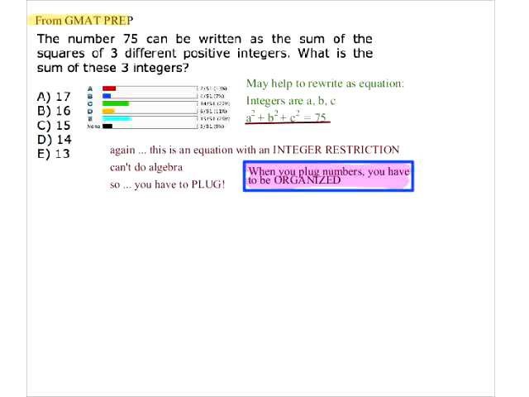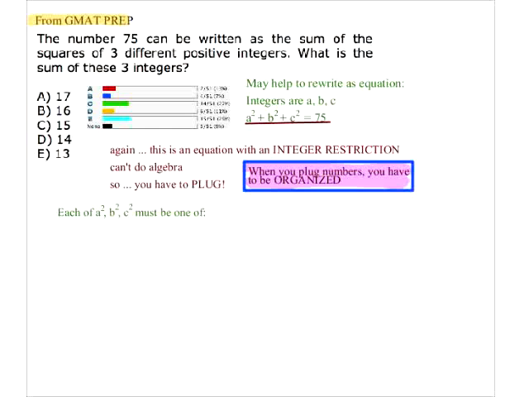So each of these squares, these are all perfect squares. So each of the A squared and B squared and C squared must be one of the list of perfect squares. So there's your exponents.